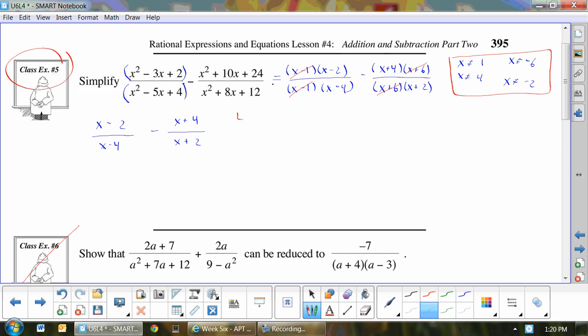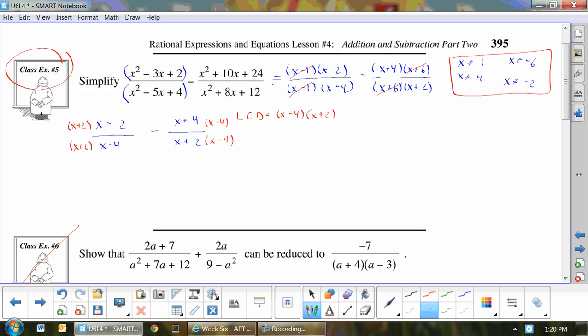So now it's time to find our LCD. And you can see that, oh, well, we need that x minus 4. And we need an x plus 2. So this is like the problems we were doing yesterday now, where you just go, okay, x minus 4, x minus 4. And then you got it.